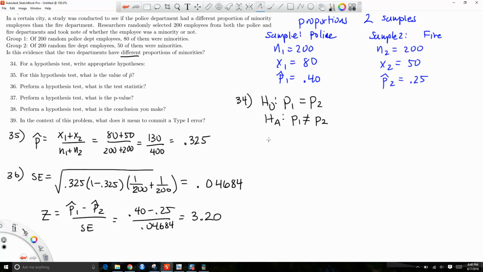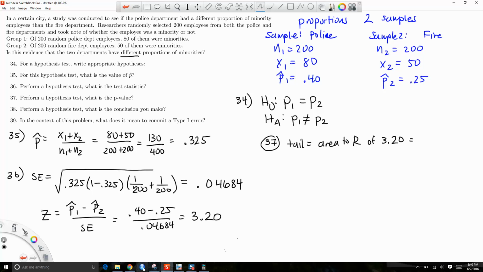Okay, so then 37, we want to know the p-value. Here I've got a two-sided test, so I'm going to look up 3.2, and I want the tail area, which is the area to the right of 3.2, because if you have a positive z, you want the area to the right.